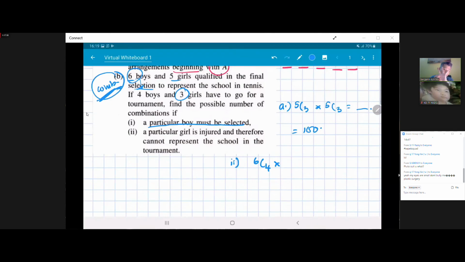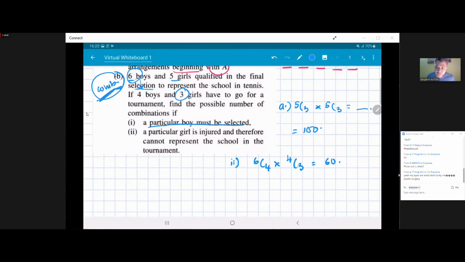So if 1 girl is injured, I have 4 more left. But I still need to select 3 girls. That means for the girl part it will be 4 girls, choose 3, and then you multiply. Yes, answer is 60. Some of you got your answer already. Okay, all right, very good.